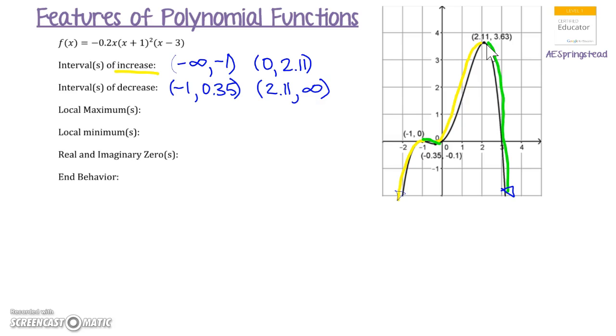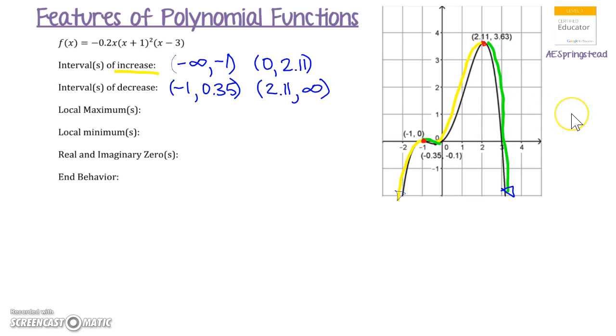The next question asks for the local maximum and local minimum. The maximum on the graph, or local maximum, is where it reaches a point and then goes back down. Here's another maximum where it's going up and then it goes back down.